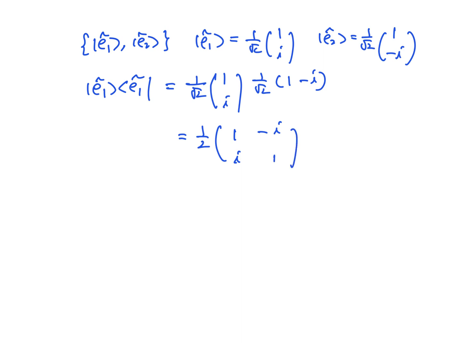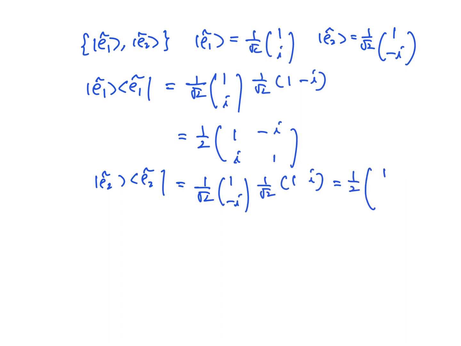How about E2 tilde? 1 over square root of 2, (1, minus i), times 1 over square root of 2, in this case (1, plus i). It becomes 1 half, (1, i; minus i, 1). So if we add them together, what happens?